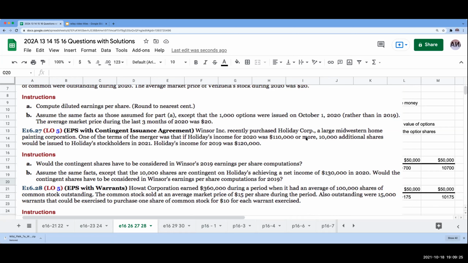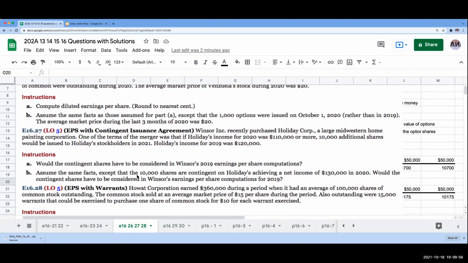If there is a track record, meaning that if 2019 was 120, but 2018 or 2017 was like 40 or 50,000 per year, and the amount was somewhat of a fluke, you could be arguing that maybe they shouldn't be. So you have to look at all the different facts and circumstances. But the book is saying that because they're achieving it, you should be including it in the earnings per share computations.